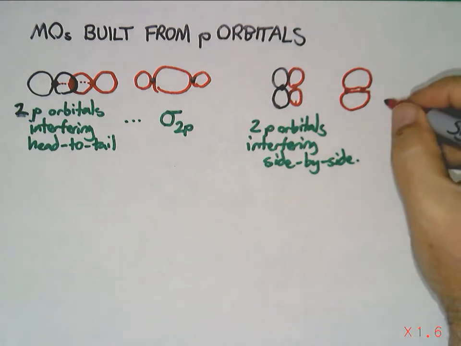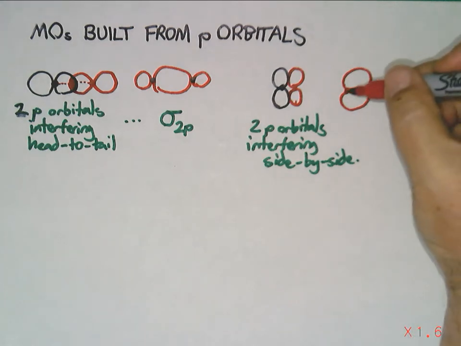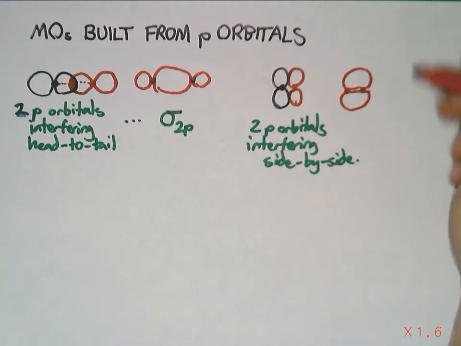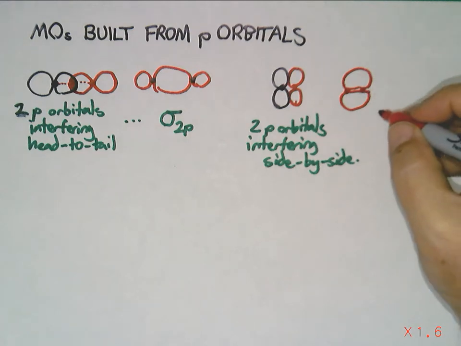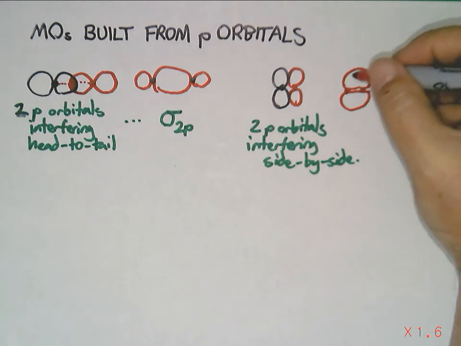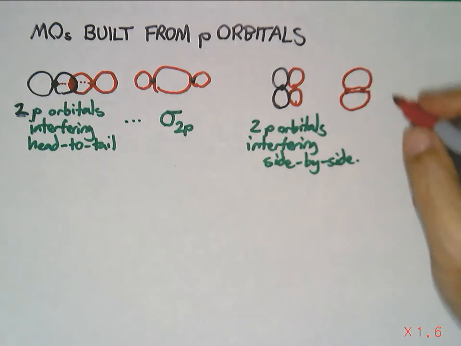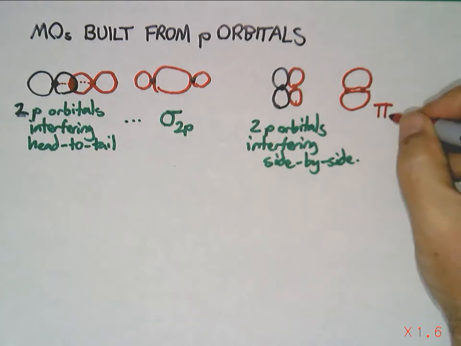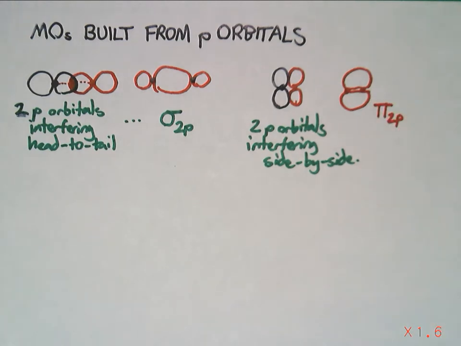Now what you get here is not a sigma orbital because notice that there is a node along the bond axis. So it doesn't touch the bond axis. Just like in valence bond theory, when we had an overlap that didn't touch the bond axis, when we have an orbital that doesn't touch the bond axis here, we call that a pi. And this is made out of 2p orbitals, so I can call this a pi 2p.